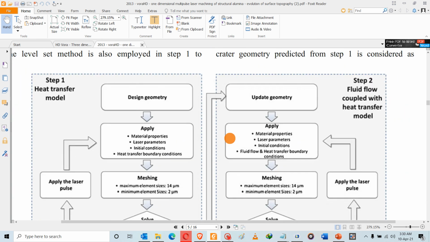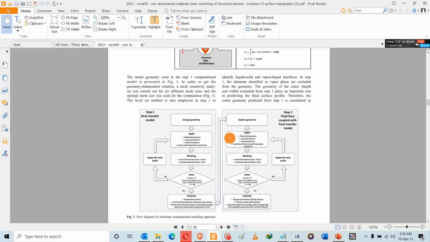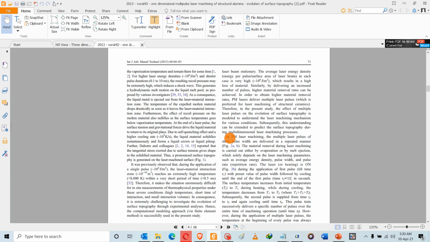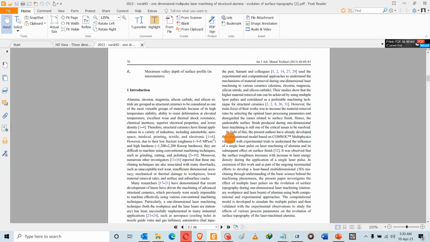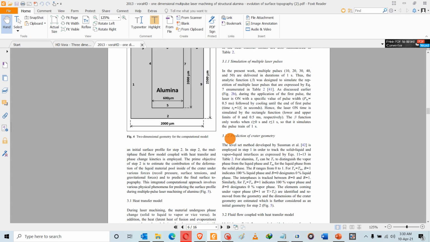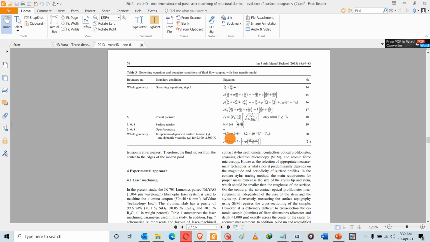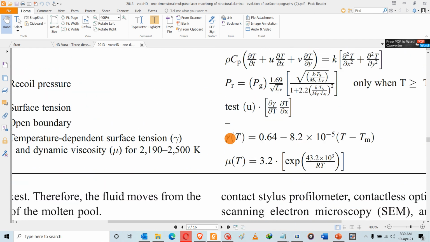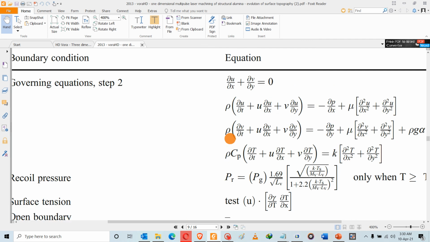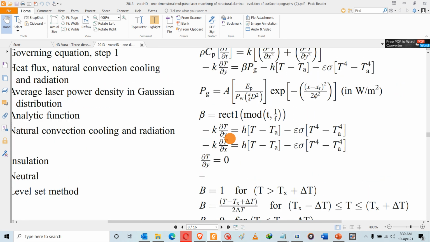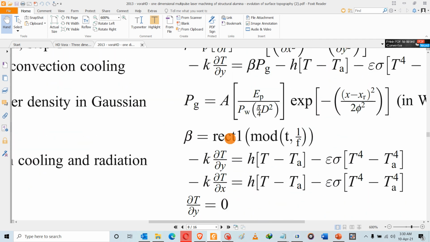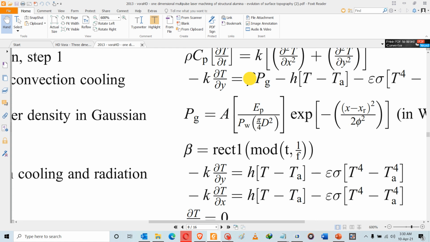So just to take an equation from this publication here, what they did was, let's zoom in here, they introduced this parameter beta.